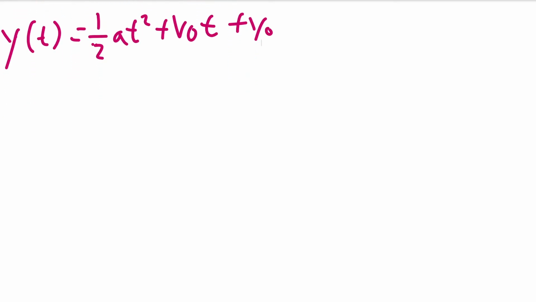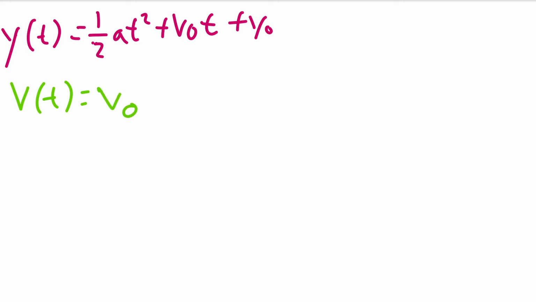So we have that. We have our previous expression that I wrote in green above, v of t equals v naught plus a t. So we have those two equations so far.